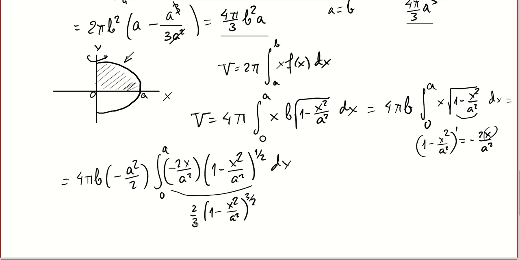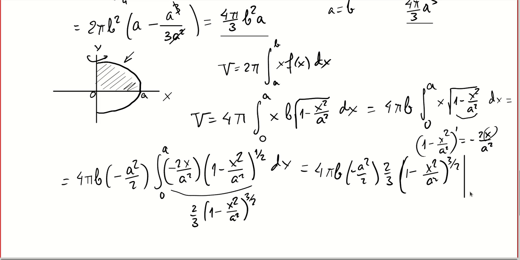All right, so this is the primitive of that. So all I have to do is substitute this primitive now. So I have 4 pi b multiplied by minus a squared over 2, and then 2 over 3, and then 1 minus x squared over a squared to the power 3/2 between 0 and a.